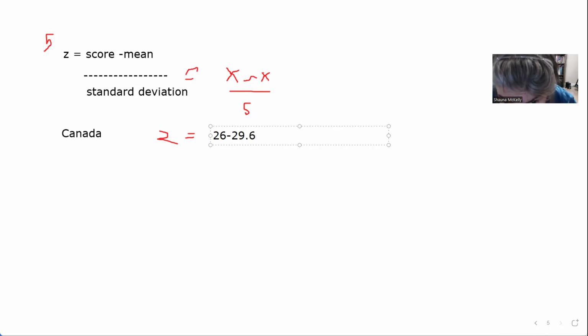Over 8.6, was our standard deviation from what we read. Okay.